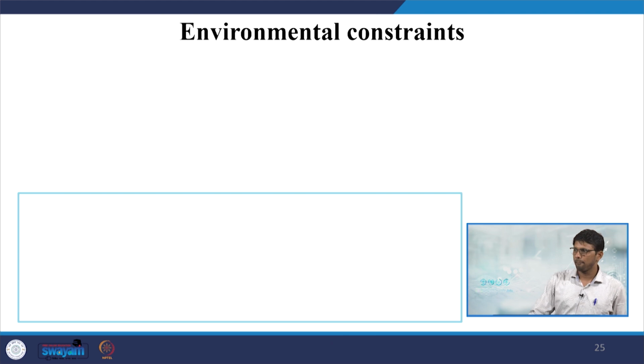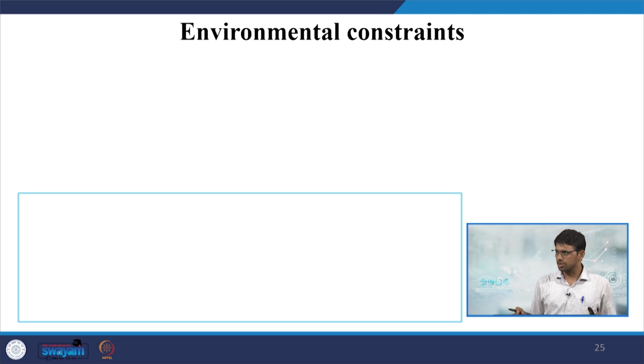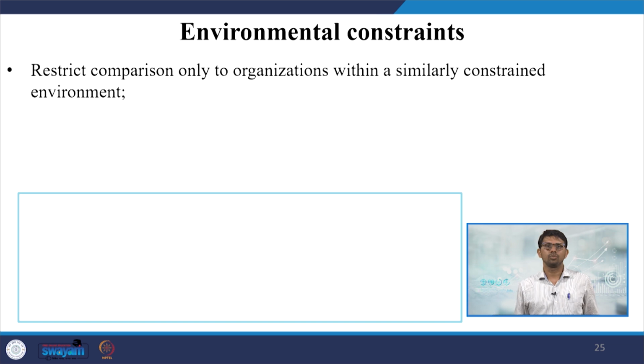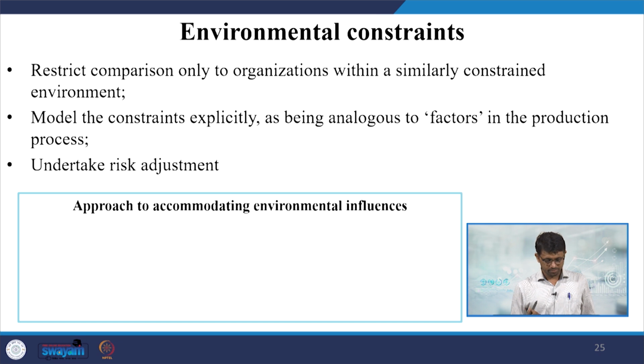are relevant. Okay. Coming to another important point in the analysis of productivity and efficiency, and that is constraints. One of the constraints we mentioned is environmental constraints that restrict comparison only to organizations within a similarly constrained environment. These models treat the constraint explicitly as being analogous to factors in the production process, and this undertakes risk adjustment as well.